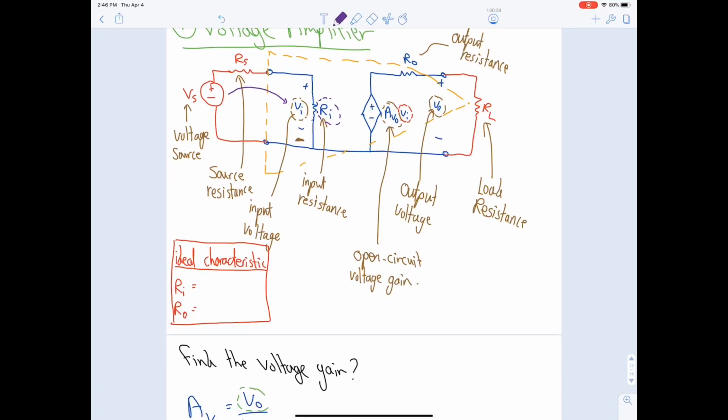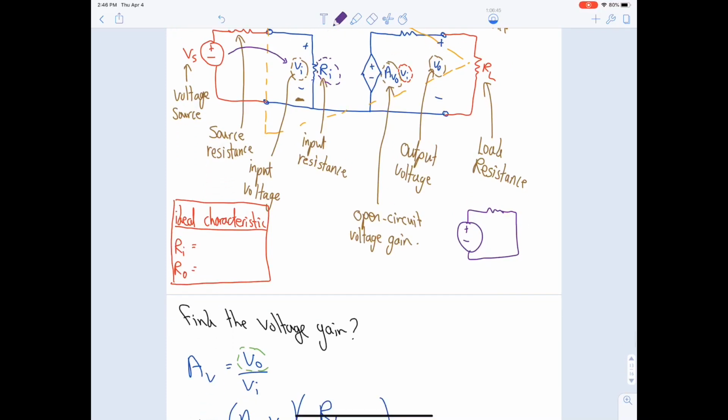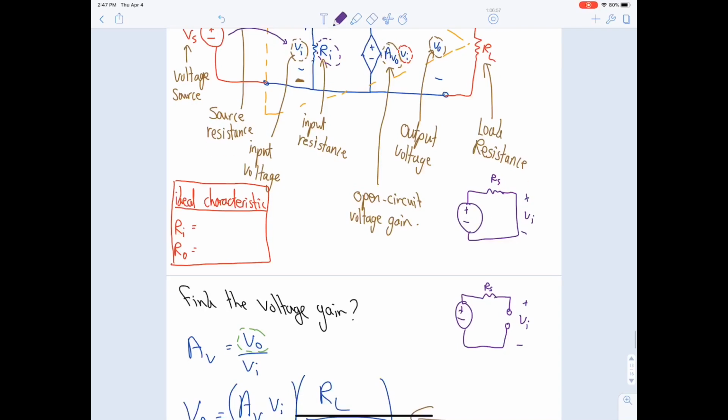Let's see here. We have a voltage source and Rs, we can't play with it. This is a short circuit. And we have another voltage source, this is Rs, and an open circuit. In this case, what is Vi? And in this case, what is Vi? In this case, Vi is equal to 0 because you're measuring the voltage drop across a short circuit.